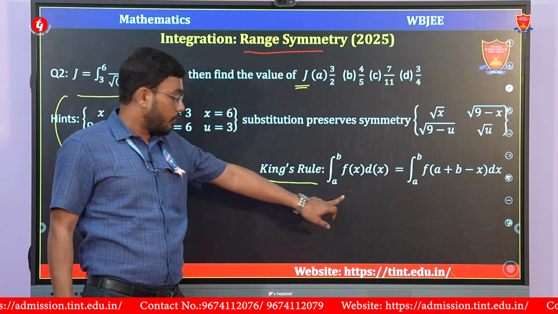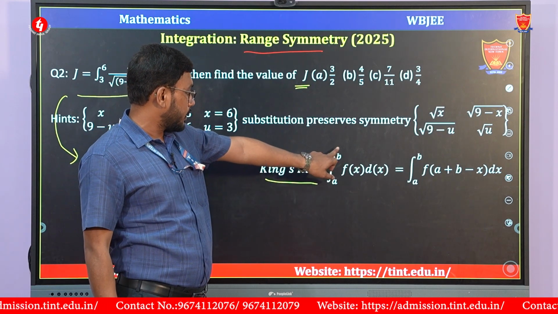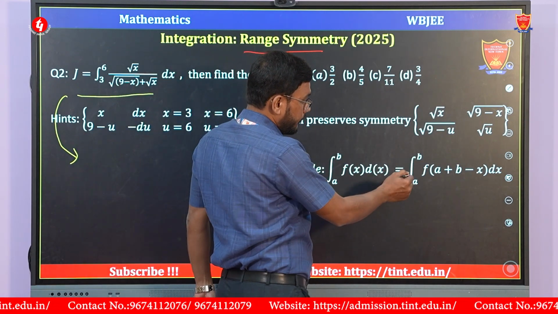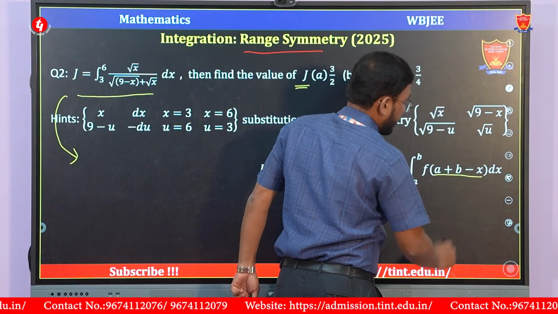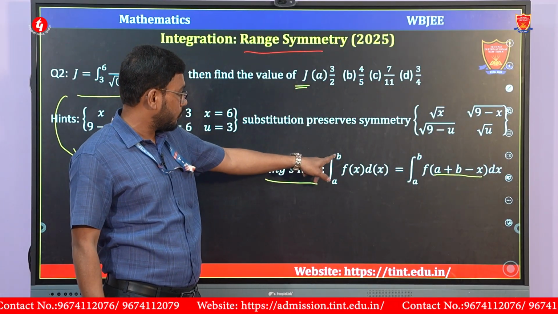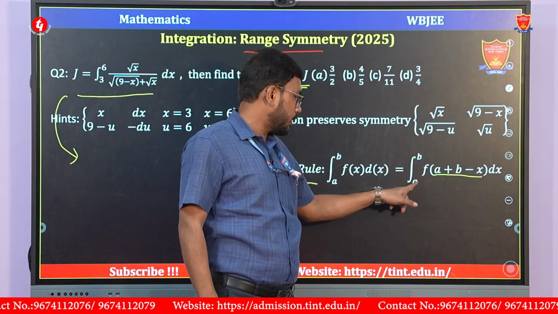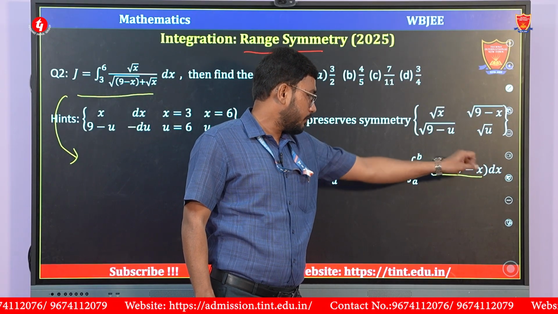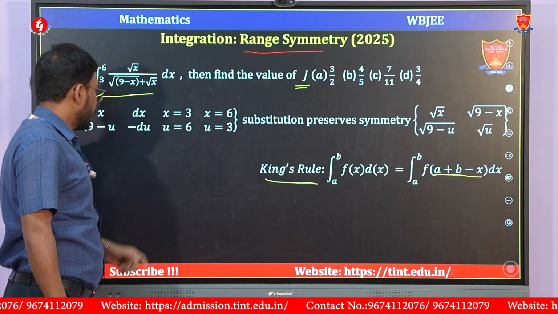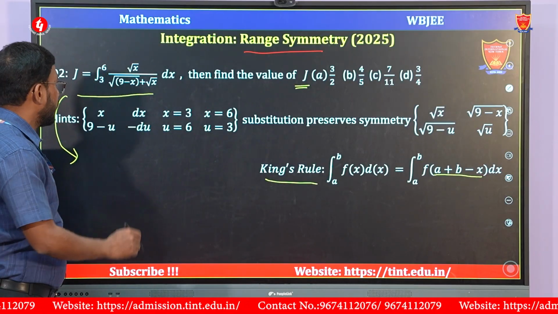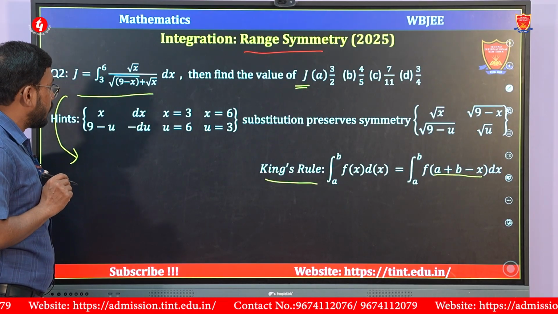What is King's rule? For the definite integral, integration a to b f x dx, this is a to b f of a plus b minus x. So, you should know this King's rule. A to b function dx means lower limit plus upper limit minus your variable. This is the King's rule. So, we can apply this rule for this particular problem. Okay. So, that is why this is a range symmetry problem.